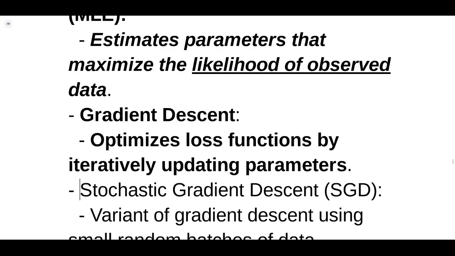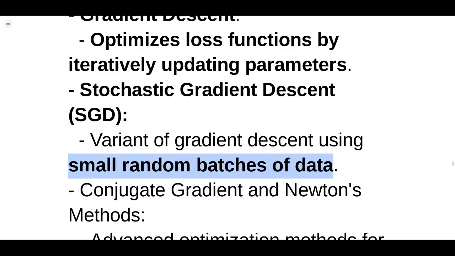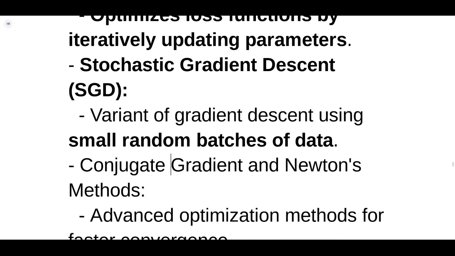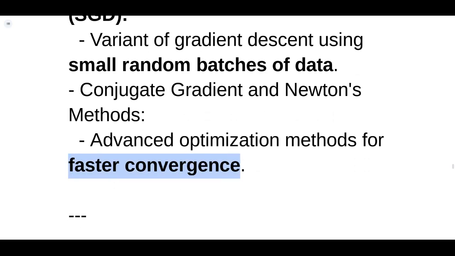Stochastic gradient descent, a variant of gradient descent using small random batches of data. Conjugate gradient descent and Newton's methods, advanced optimization methods for faster convergence.